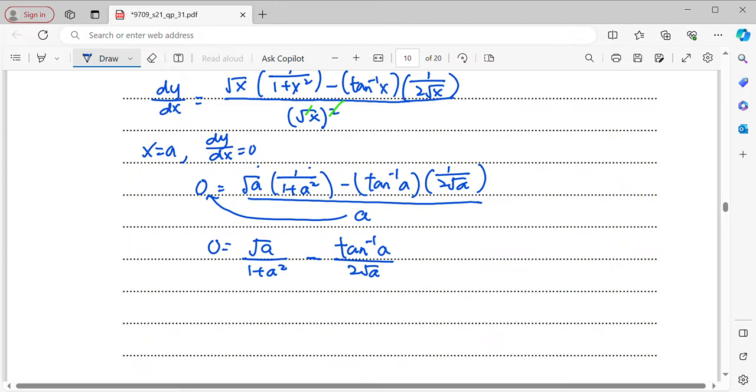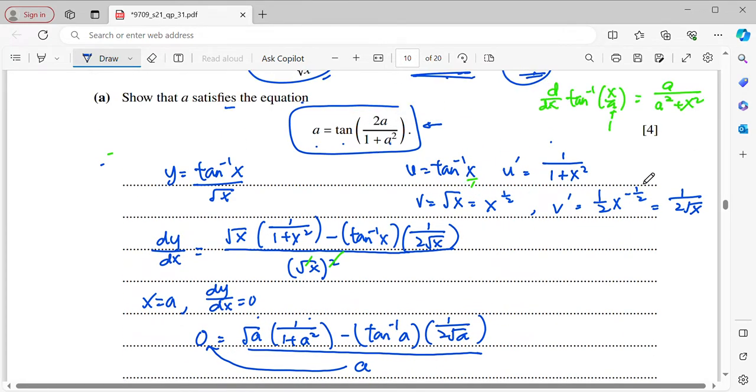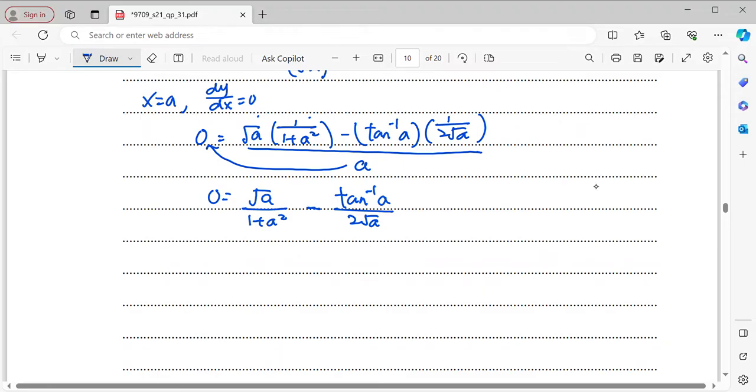And now when you look at the question here, if I move the tangent to the other side, I will get inverse tangent a. So that means inverse tangent a should be one term on one side. So now I will have to move this to the left side. So inverse tangent a over 2 square root a equals square root a divided by 1 plus a squared.